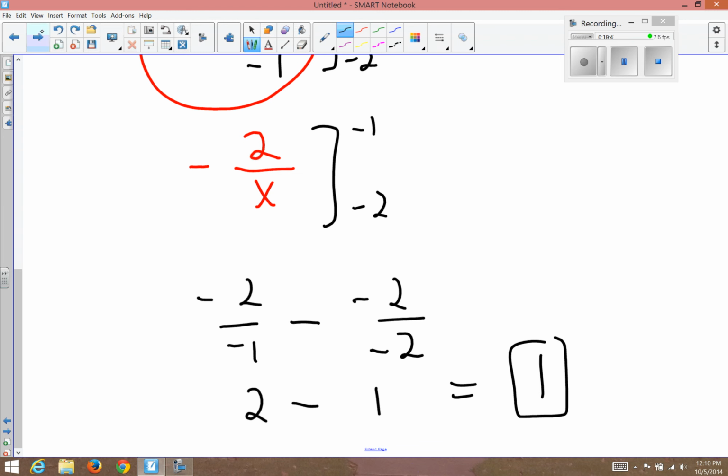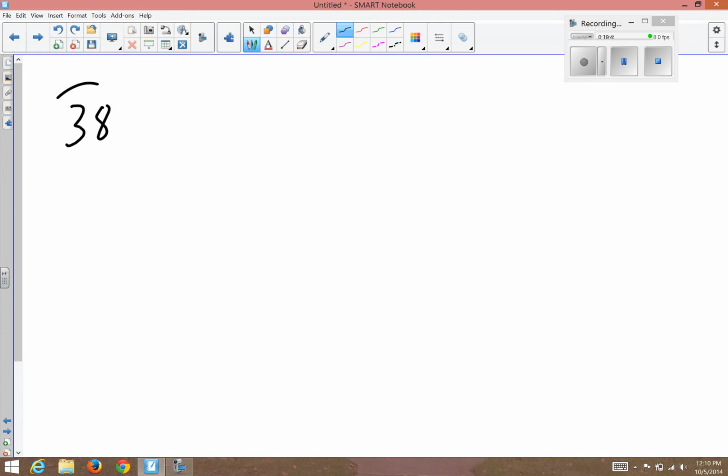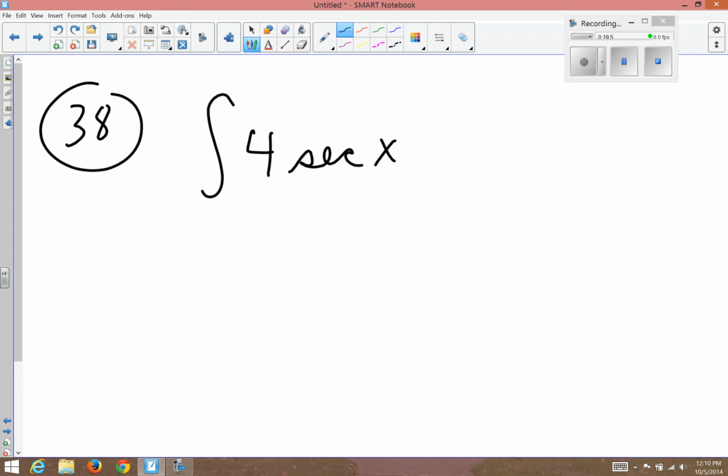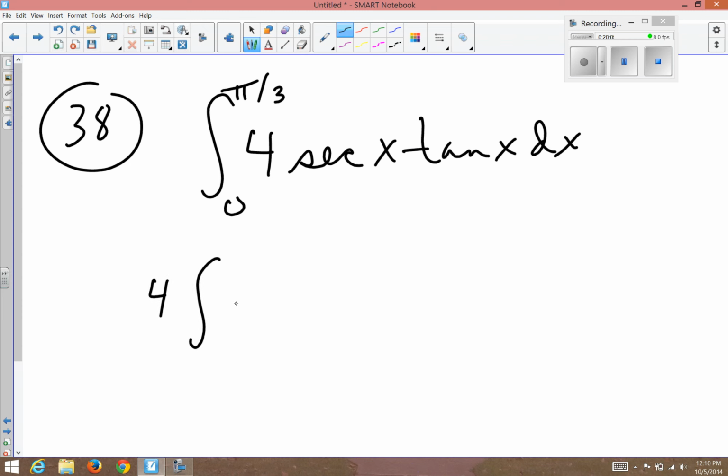Number 38. The integral of 4 secant x tan x dx from 0 to pi over 3. First thing is this constant multiple, 4, comes to the left of the integral sign.